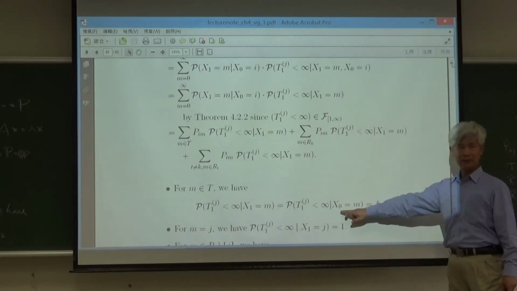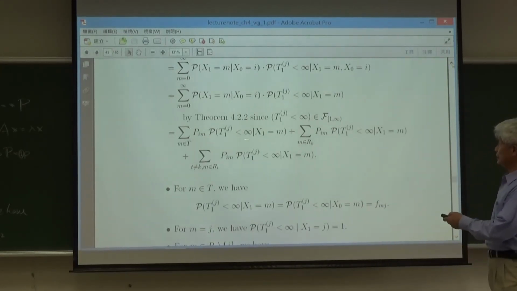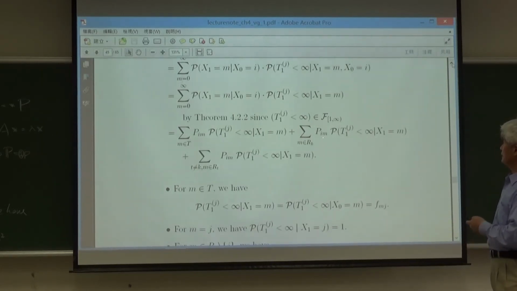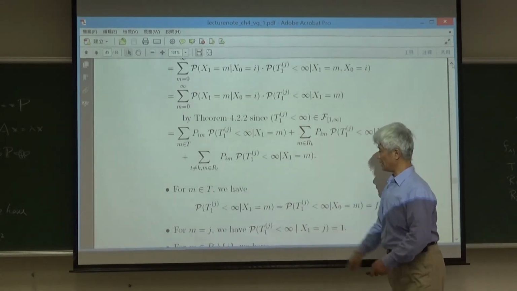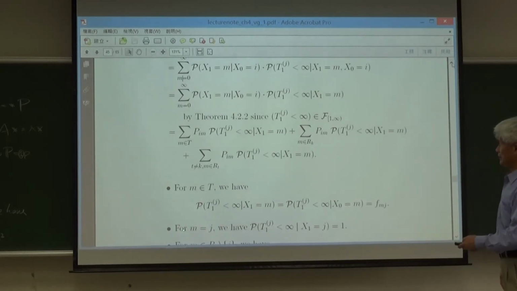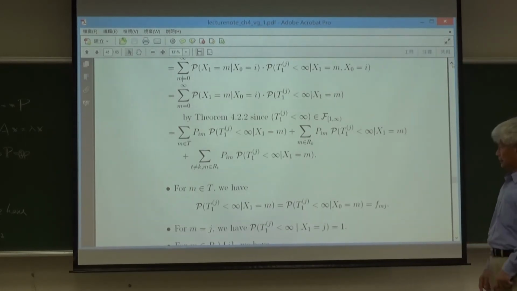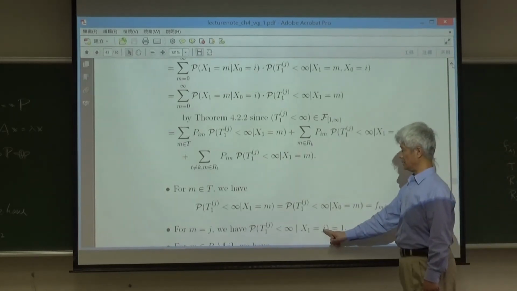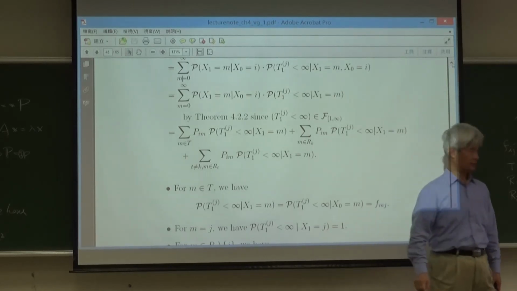Do you have any questions about this? Okay, so we have that here, and for M equal to J, because now M is in R_K, right? So it's possible for M equal to J. If M equal to J, then S1 is J, and the first passage time must be 1, okay, because J is a recurrent state.